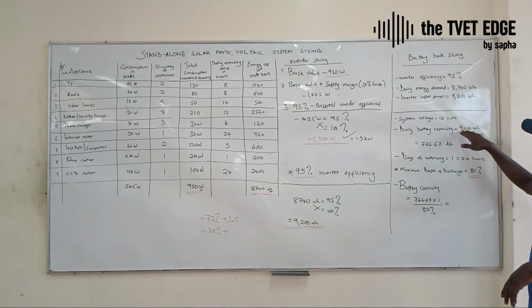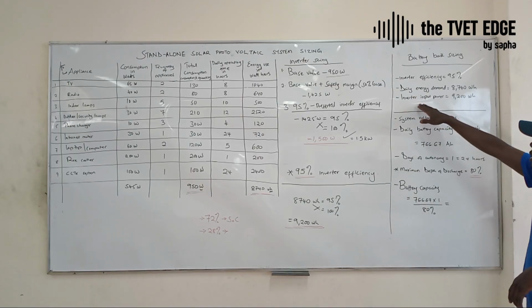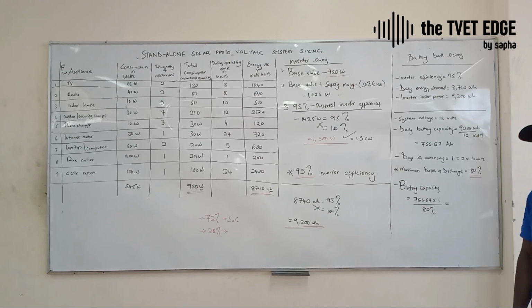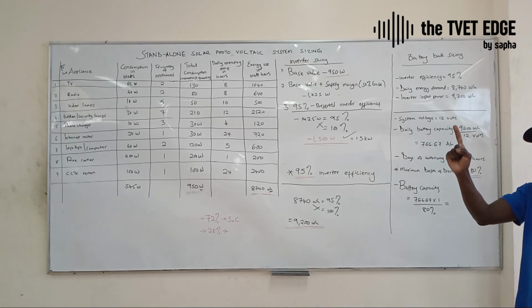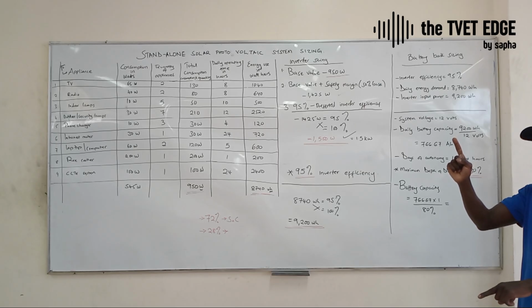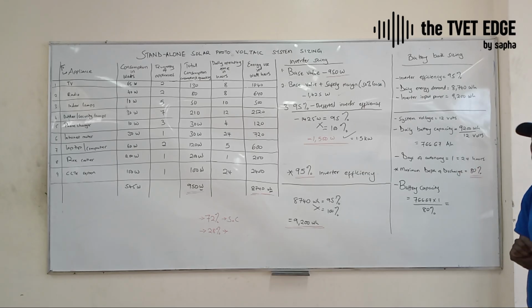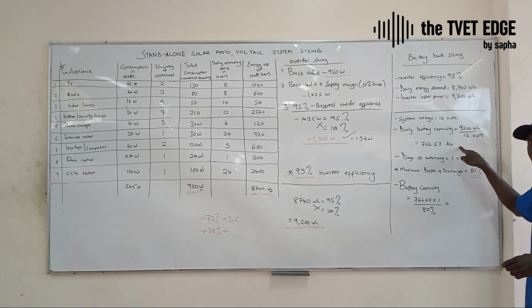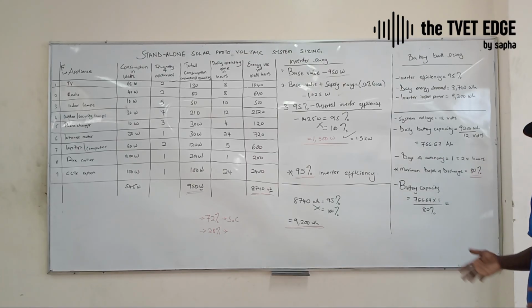So when you divide 9,200 watt hour, the inverter input power, by 12, you get 766.67 AH. Now we have moved from watt hour to AH. Please remember that. We have moved from watt hours to ampere hours. This is now the universal standard language of batteries.